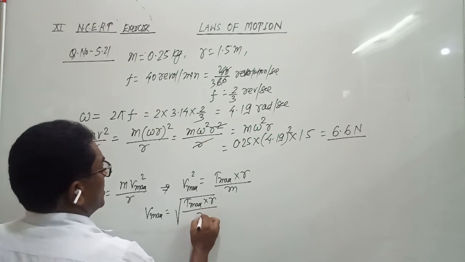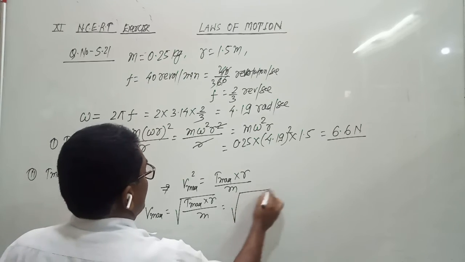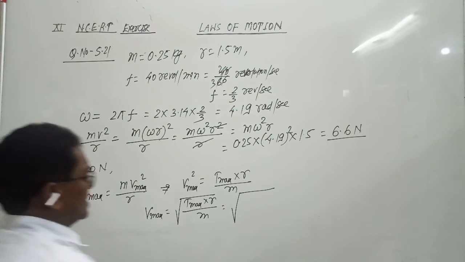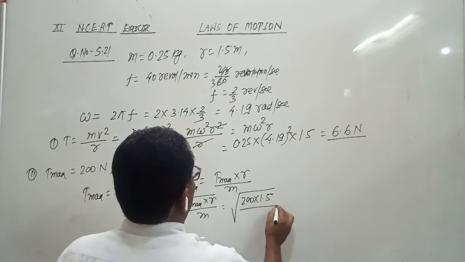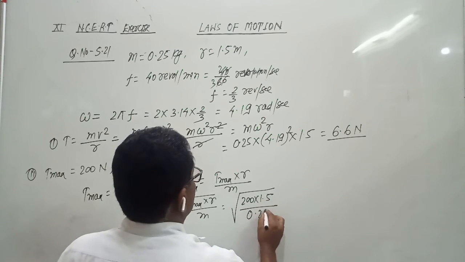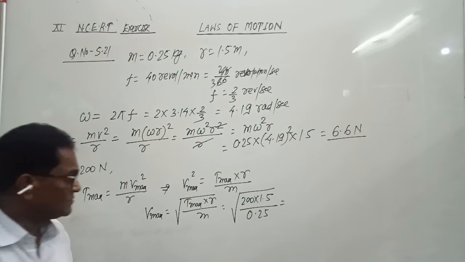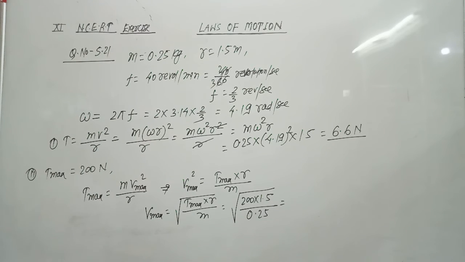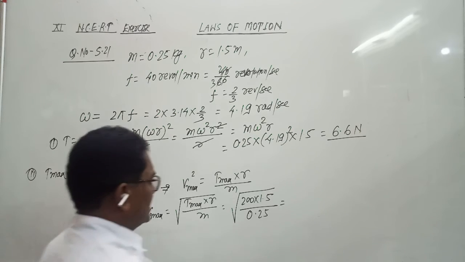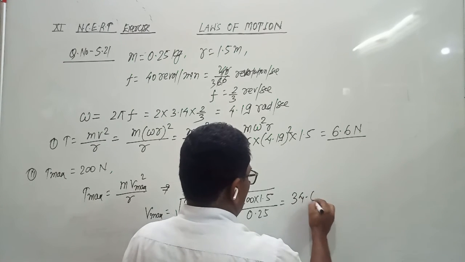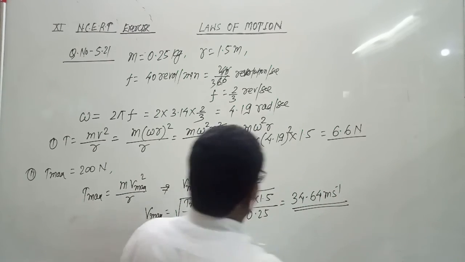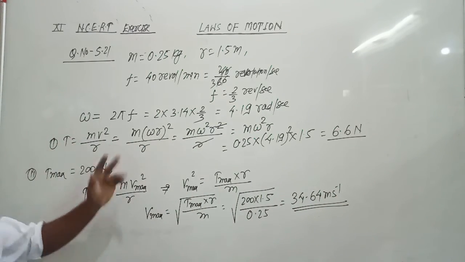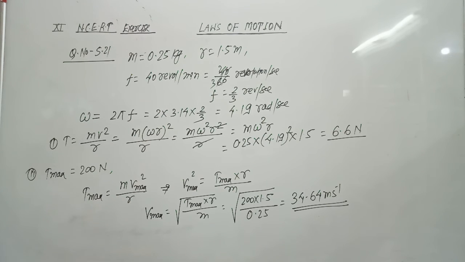The value of T maximum is 200, r is 1.5, and m is 0.25. After solving, we get 34.64 meter per second. This is the maximum speed at which the stone can be whirled to complete a horizontal circle.